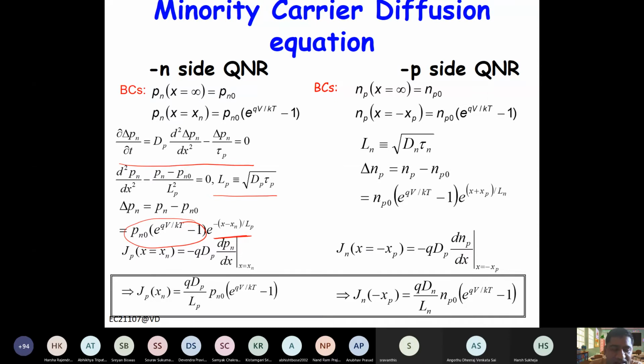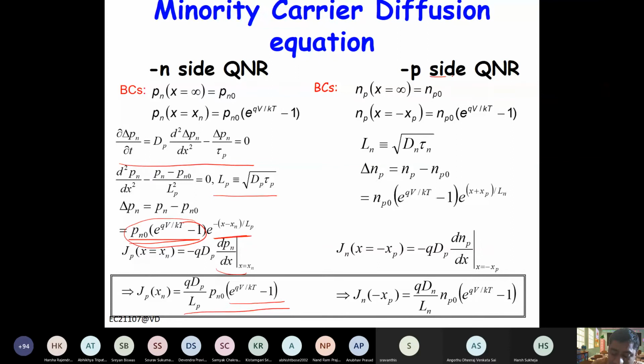So pn can be written as pn0 exponential qV by kT. So delta pn is pn0 times exponential qV by kT minus 1. And then if you calculate the diffusion current, it will be the derivative of this thing. So you will have this expression, right? pn0 exponential qV by kT minus 1.